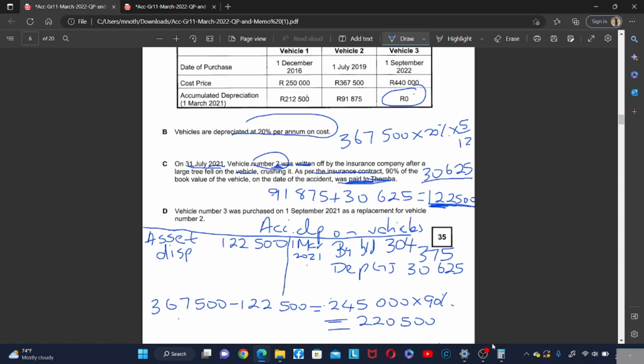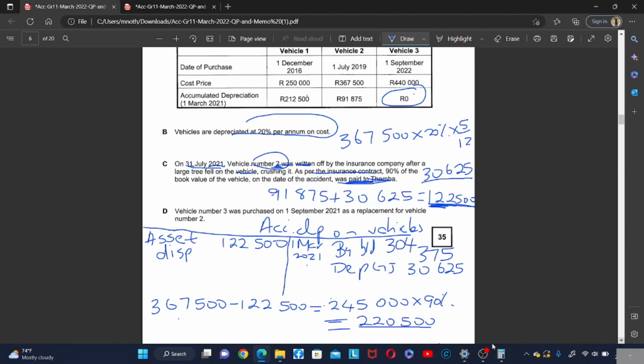If the insurance made a payment, it means that the bank is involved, right? Because this information is about an asset that the business is disposing of, it must be recorded in the asset disposal. Remember, all the information about an asset that the business is getting rid of must be transferred to the asset disposal.